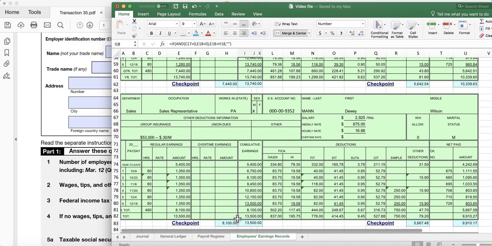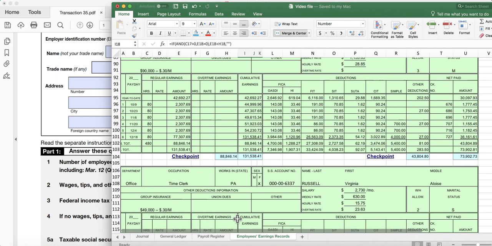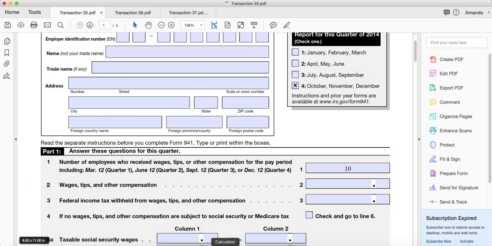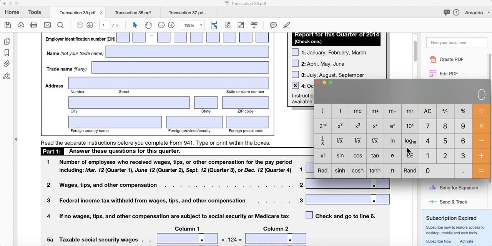Once you add those amounts up, including Williams and Young, because they were paid during the quarter at some point, so make sure you include those. So that would be, totaled it and wrote it down, 171,917.47. You will need that amount for other forms, so when you get done with adding the total up, write it down somewhere because you will need it again.